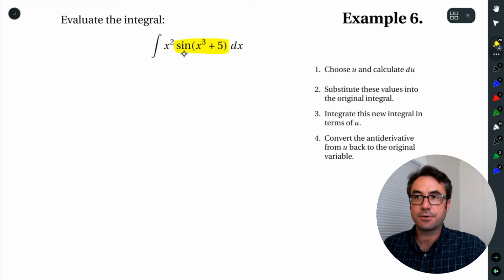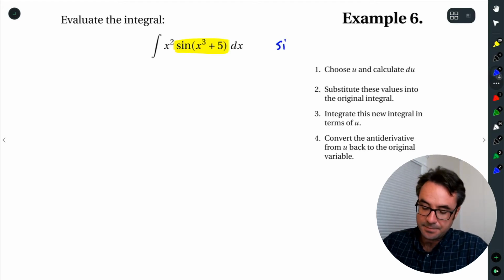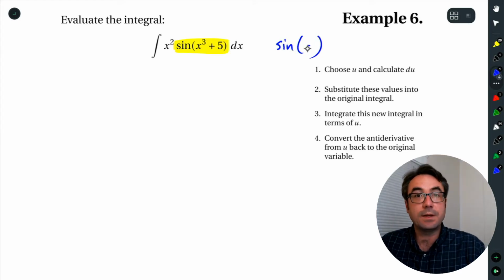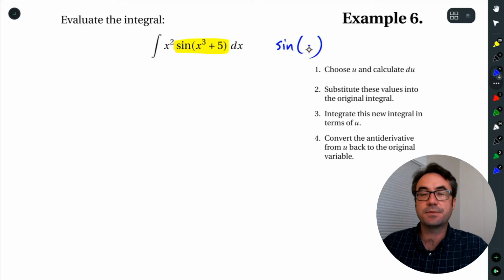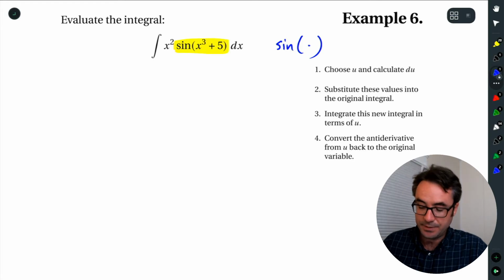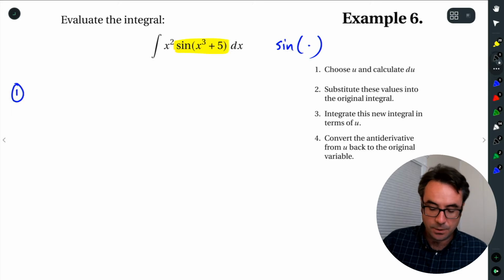We have an outer trig function, and then we have this inner function of x cubed plus 5. So we see sine, then parentheses, and then something relatively complicated inside those parentheses. It's not just an x. And it's those terms inside the parentheses that are how we pick u in this case. So step 1, we're going to let u equal the x cubed plus 5.